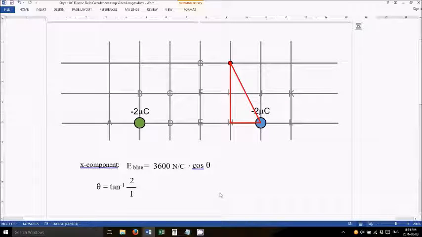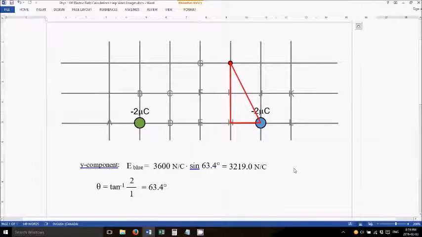So the inverse tangent of 2 over 1 gives us 63.4, and substituting that in here gives us, for the x component, 1,611.9 newtons per coulomb. So that's our x component. We then calculate our y component. So 3,600 times the sine of 63.4 gives us 3,219 newtons per coulomb. So now we've got both the x and y components of the electric field due to this blue charge also.